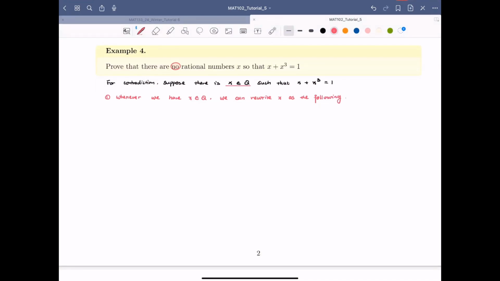Okay, the red part is not part of the proof. It's something I want to emphasize. So we can write x as p over q, for example, where p, q are both integers, q cannot be 0, and p, q are relatively prime.